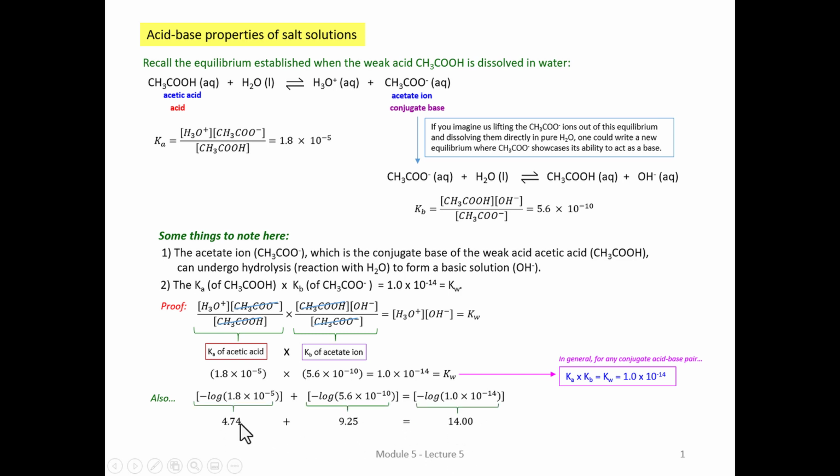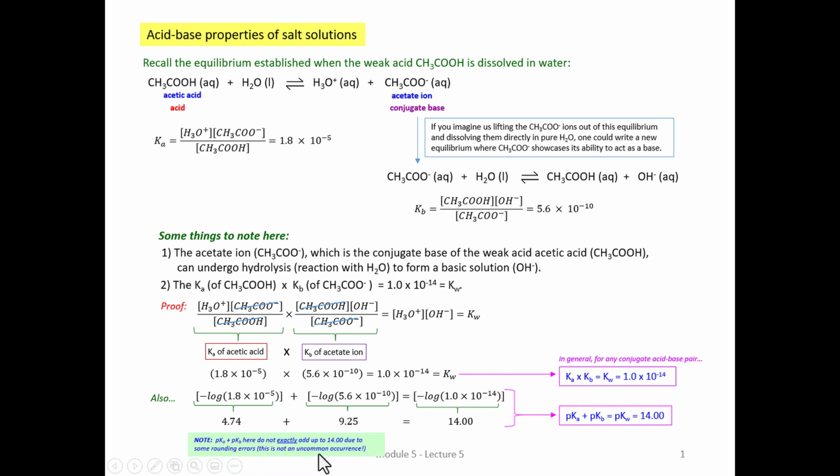So we have here 4.74, the pKa of acetic acid, plus 9.25, the pKb of the acetate ion, equals 14, which is the pKw. And I've written this over here. So the pKa plus the pKb equals the pKw. There's a lot of letters to say in that sentence.